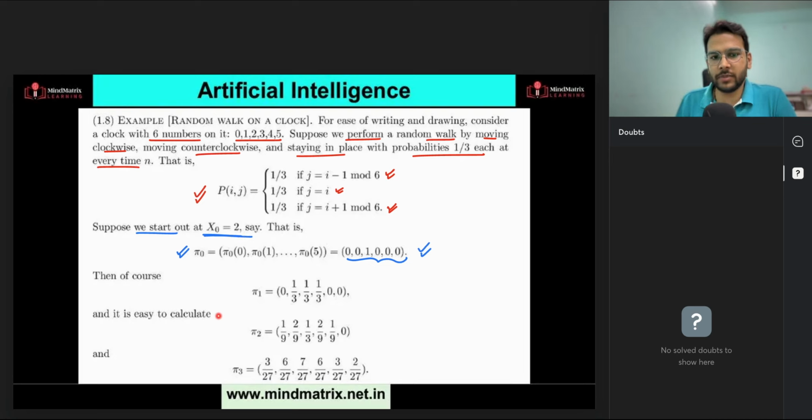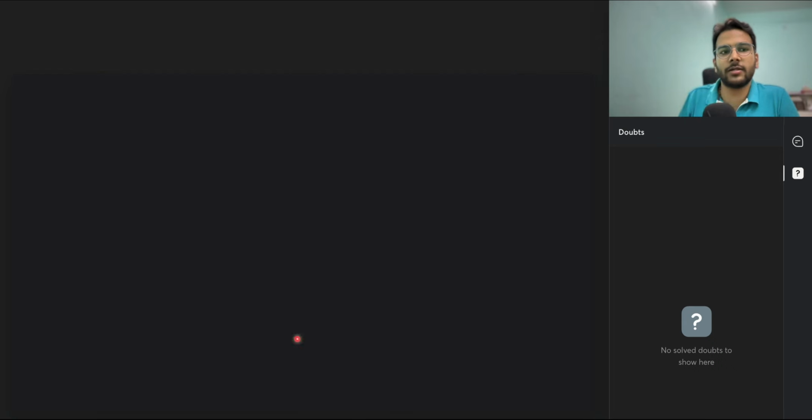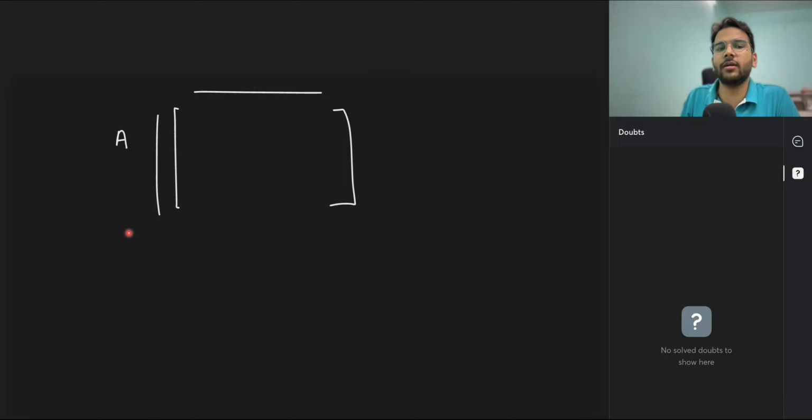Now what you will observe is how we are calculating this pi 1. So carefully understand this. Let me denote the transition matrix by A. I'm not going to draw the entire transition matrix because 6 states are there, so 6 values will be here, 6 values will be here.